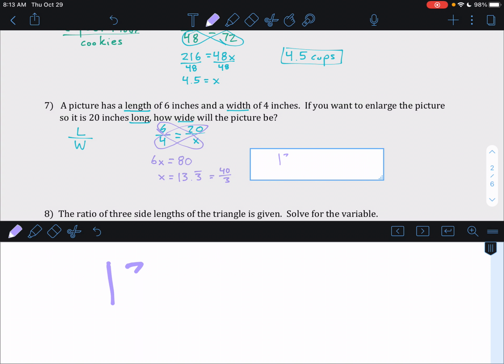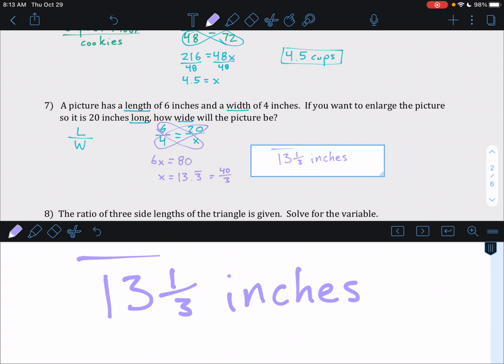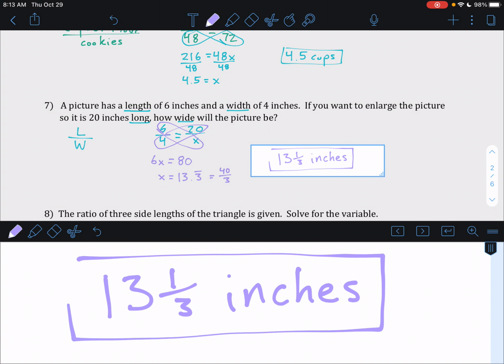So I would say 13 1/3 inches. This is the only type of problem where I would want you guys to write it like a mixed fraction like that. Just think about the context, think about if it makes sense.